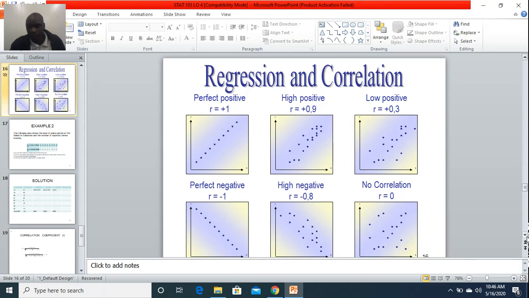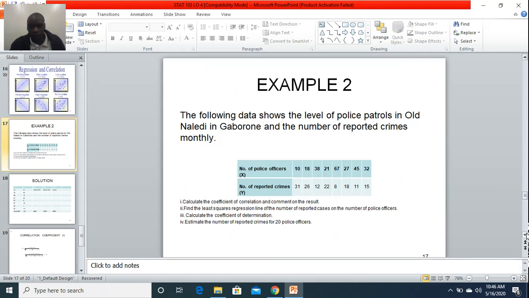Now another example. We are given data at a police station, whereby we gathered the number of police officers and the number of crimes which they have reported. When there were 10 police officers, they reported 31, 18, 26, like that. We want to find the coefficient of correlation, the small r.